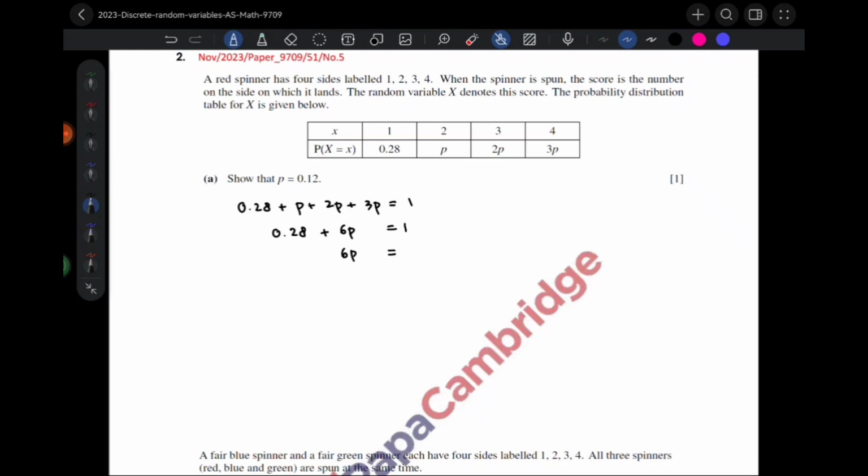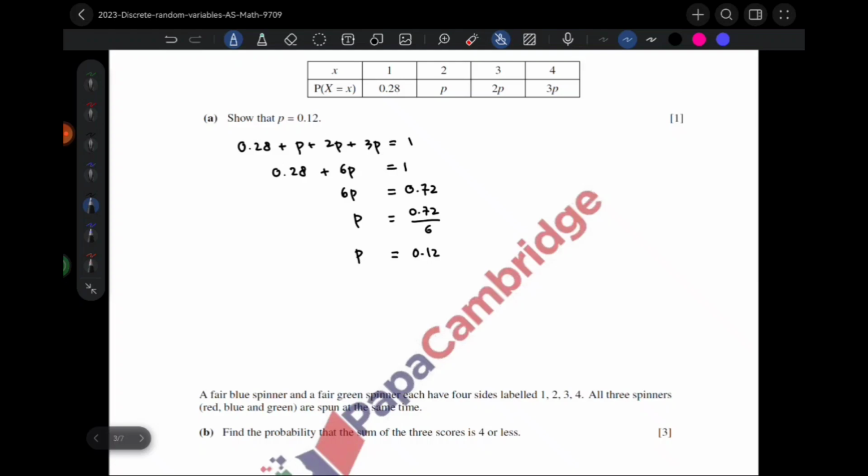For 6p, I take 0.28 to the right side, 0.72, so p equals 0.72 divided by 6, which gives p equals 0.12, which was correct.